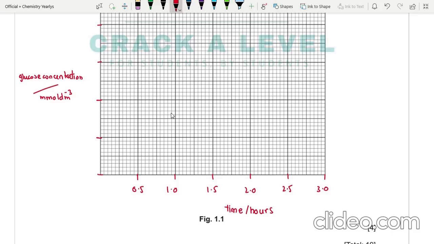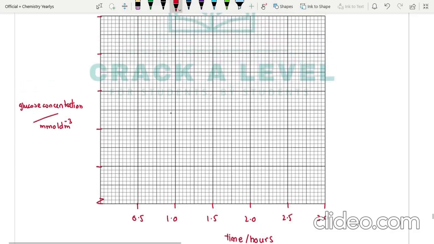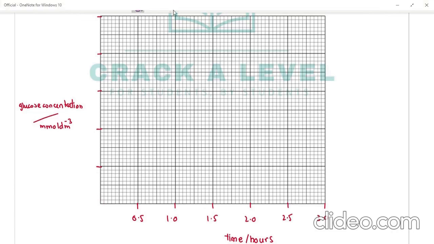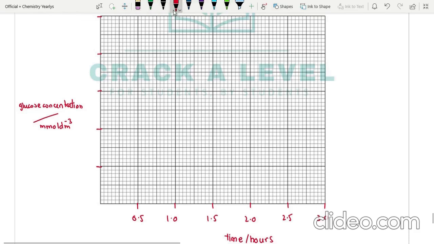So this will be the break here. We could use this break, and then we would have 1, 2, 3, 4 and 5 boxes. But let's just not use this break. Let's just handle it like that. We have 9.1 as the highest value. Divide it by 5, so we could just use 2: 2, 4, 6, 8 and 10.